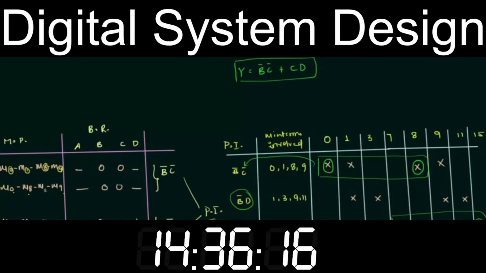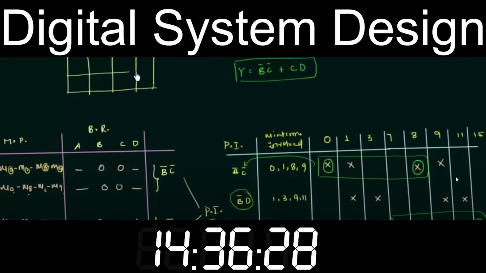If I draw a 4 variable K-map, we are going to have 16 cells. Okay, this is our 4 variable K-map.